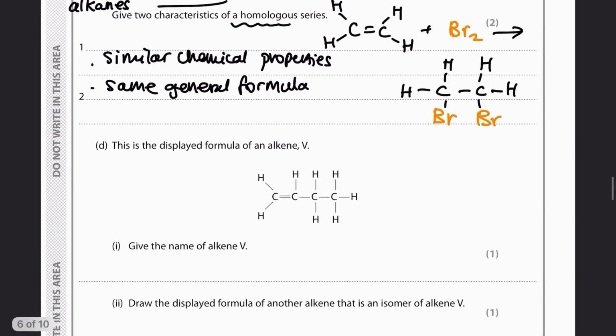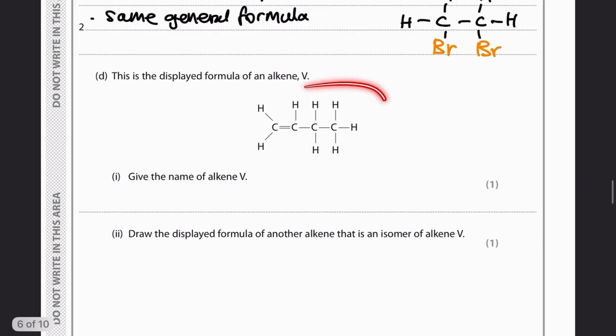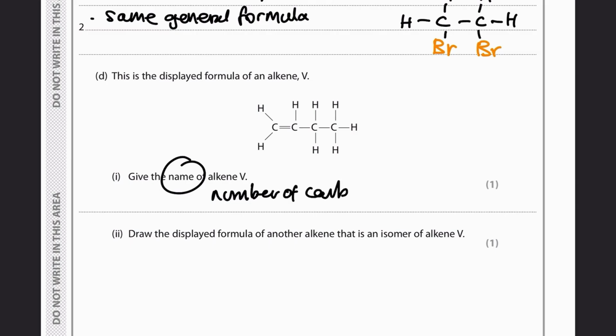Moving on, this is a displayed formula of an alkene here, and give the name. So always think 2 things when you're trying to name things. Number 1 is the number of carbons. How many are there? 4 carbons. That would be but. So that's the first part of my name. The second thing you think about when naming is what homologous series.